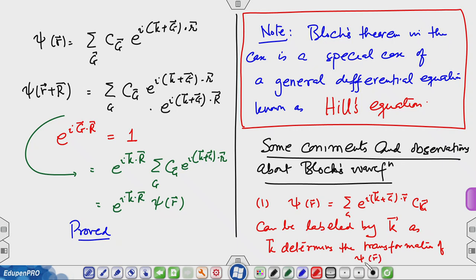K is the only quantity that tells you how psi behaves if you go from one point to the other. Therefore, I label it by k.